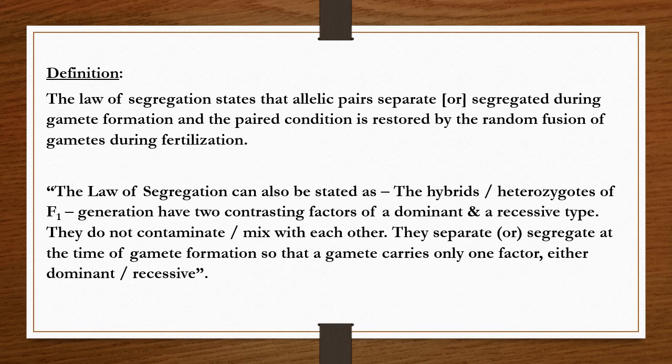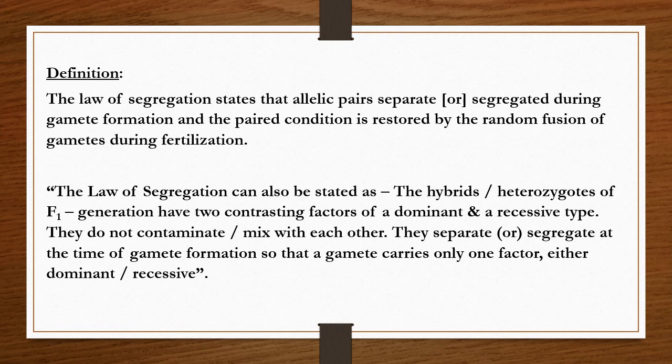The law of segregation can also be stated in another way. The hybrids or heterozygotes of the F1 generation have two contrasting factors, of a dominant and a recessive type. They do not contaminate or mix with each other.